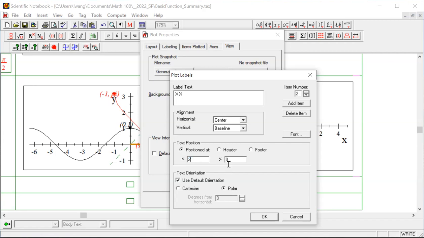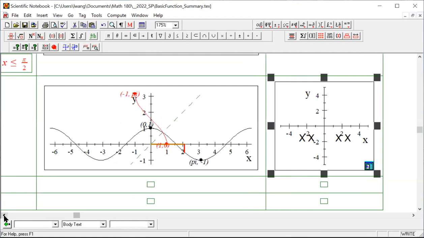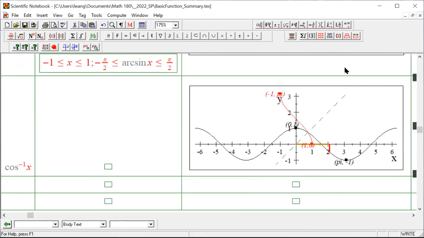And this is going to be the quadrant for arc cosine. In other words, domain and range are determined by this rule.